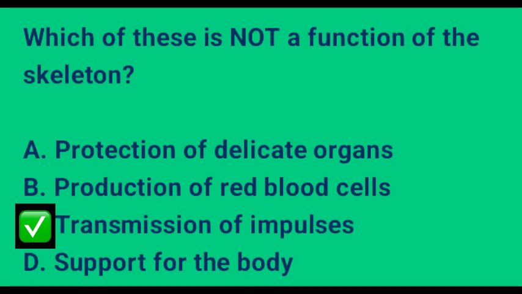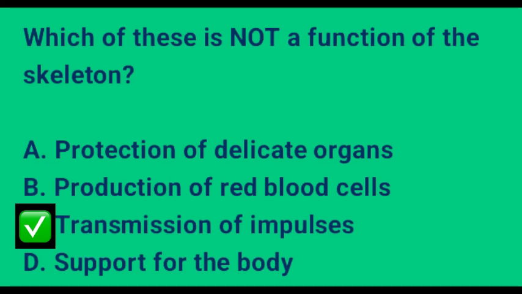The human skeleton performs many functions such as support, protection, movement, and blood cell formation. When it comes to support, it gives the body shape and structure. When it comes to protection, the skull protects delicate organs like the brain. The rib cage protects the lungs and heart. When it comes to movement, it provides attachment for muscles.